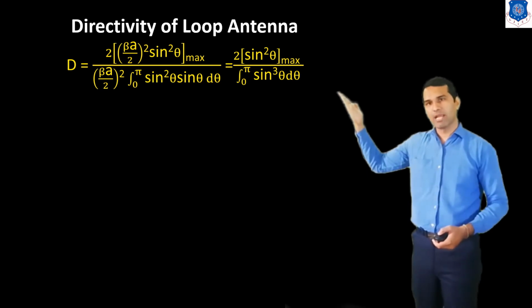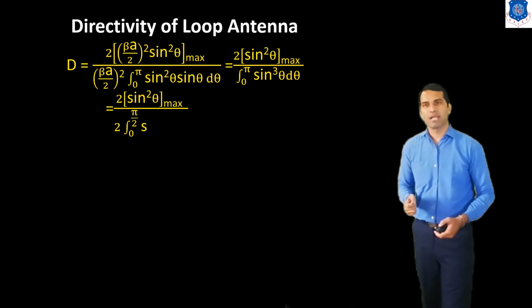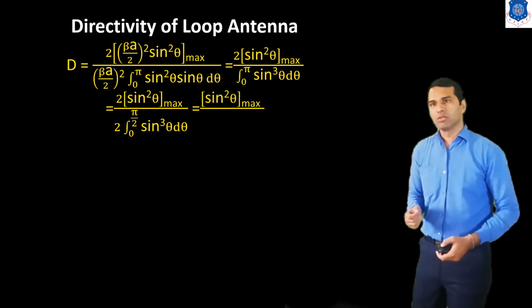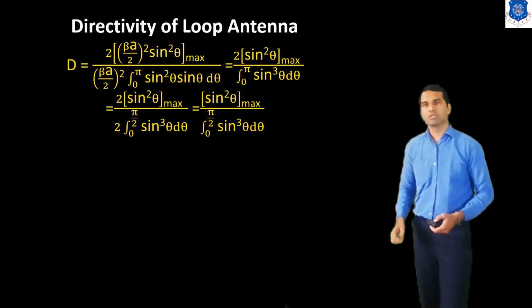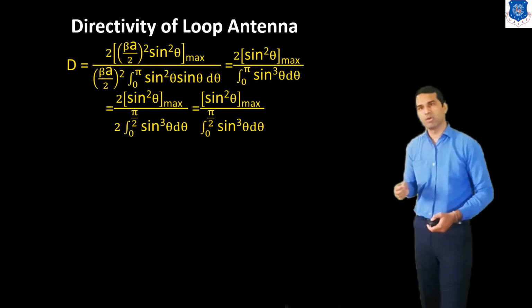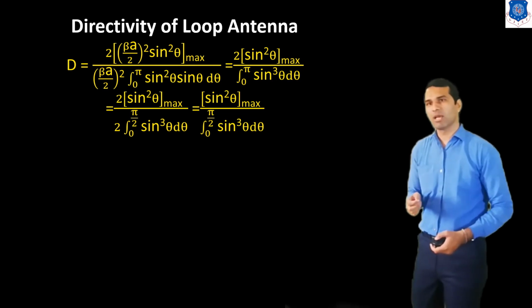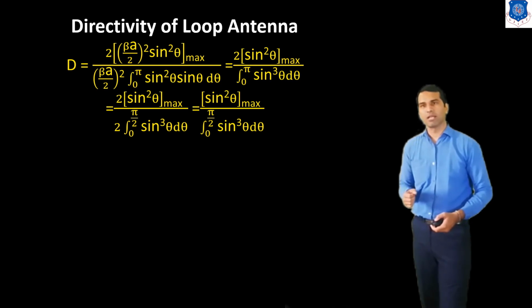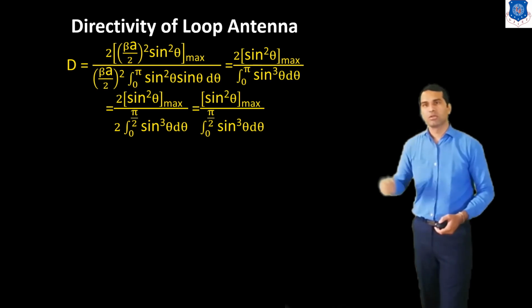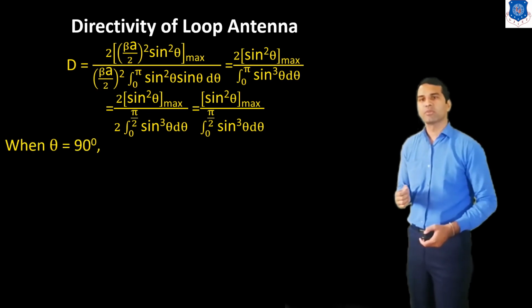So simply we get 2 sin square theta, 0 to pi sin cube theta. Now we solve this equation. We write the 2 sin square theta in the numerator, and since we have multiplied by 2, 2 times 0 to pi by 2 sin cube theta d theta. When we simplify this, the 2 is cancelled.